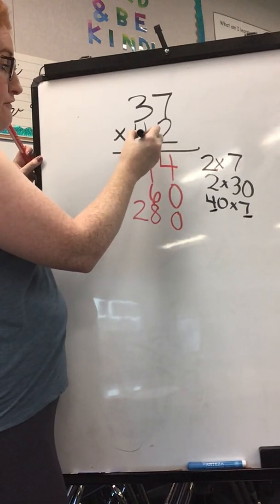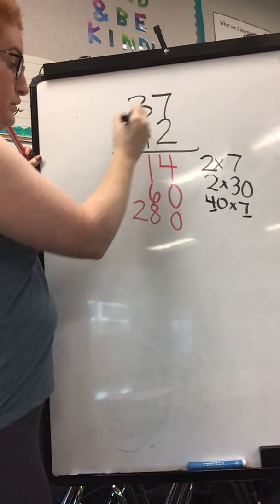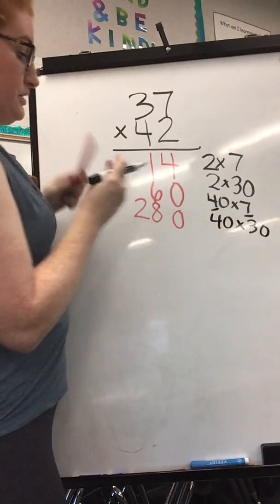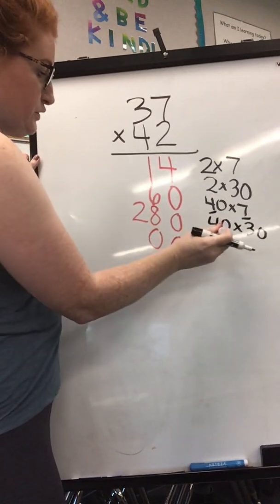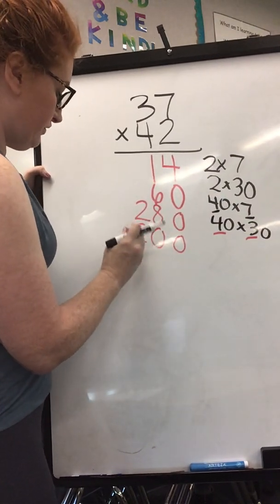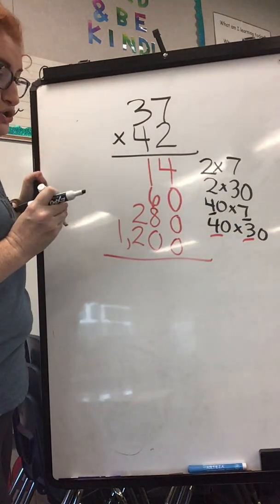Now we're going to 40 times the 3, which is 30. 40 times 30. And again, you have your 2 zeros that you could put right here, and then just focus on 4 times 3, which is 12, which would mean 40 times 30 is 1,200.